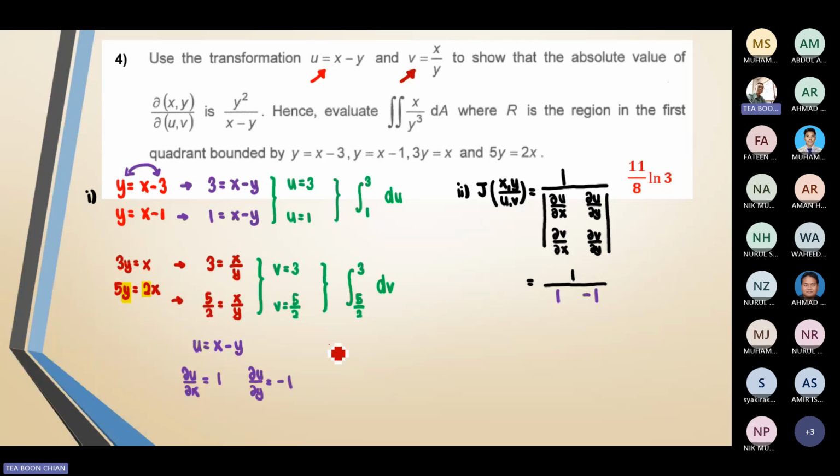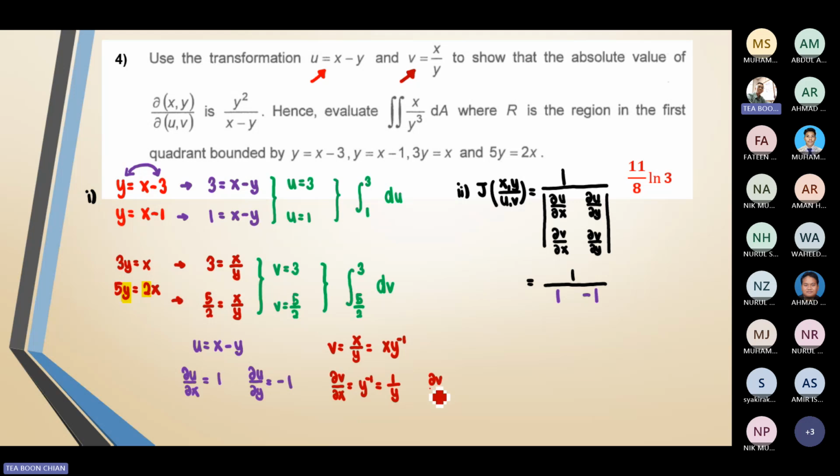Second, if you look at the function of v equals x over y, like we have learned in the previous question, it would be good for us to change it into the power rule so that later when we perform differentiation, it will be slightly easier. So here, if you differentiate v with respect to x, you only target x, so x becomes 1, but you still have y power negative 1. So this is 1 over y.